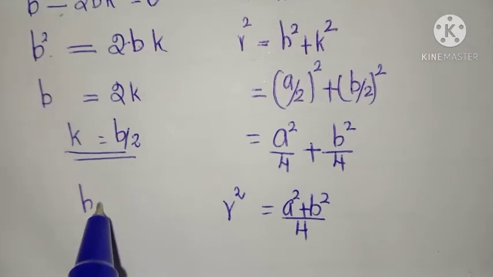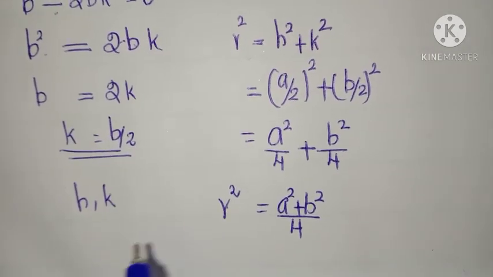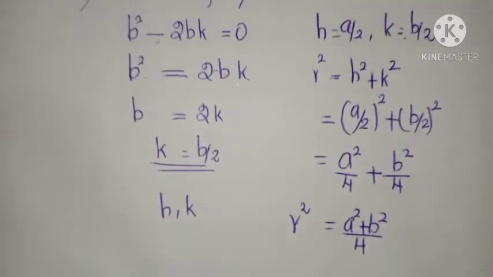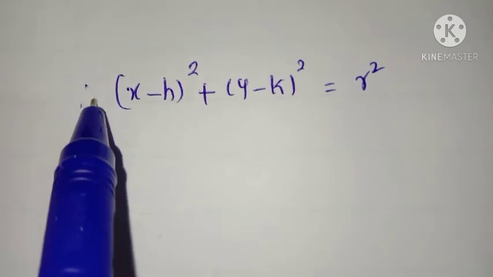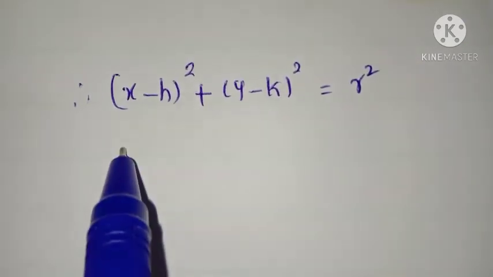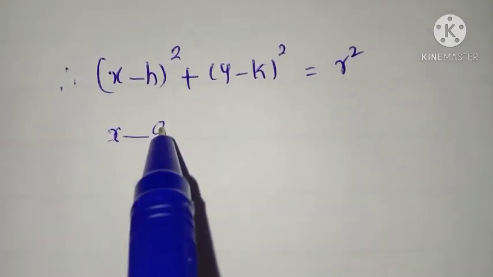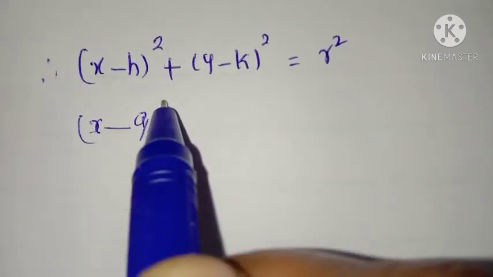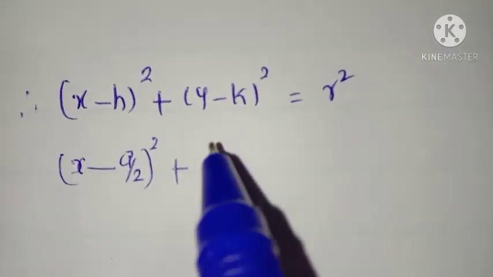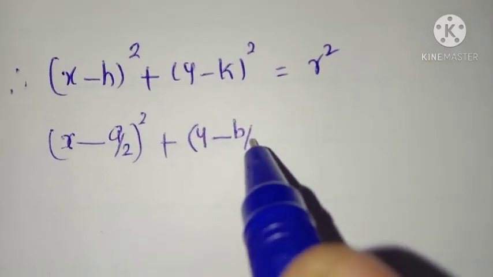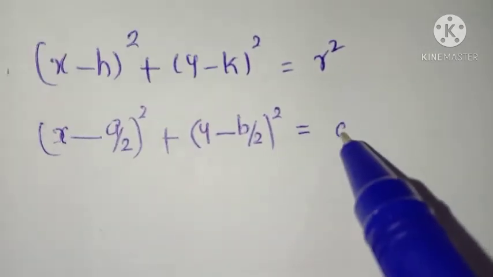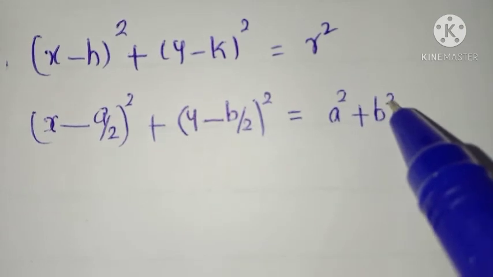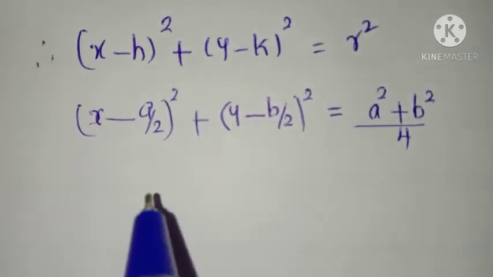So we know h, k and r square. Therefore, the equation of the circle becomes (x minus a by 2) whole square plus (y minus b by 2) whole square is equal to r square. R square is (a square plus b square) by 4.